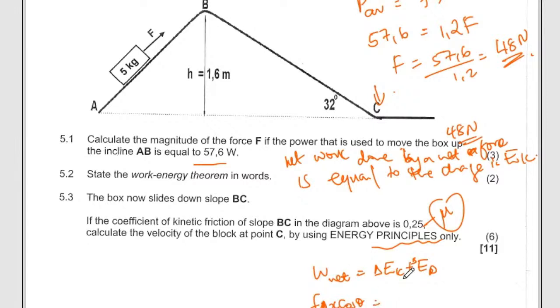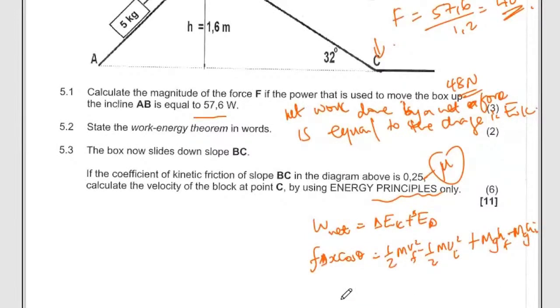This is equal to the change in EK, which is a half m v final squared minus a half m v initial squared, and then the EP is going to be mgh final minus mgh initial.